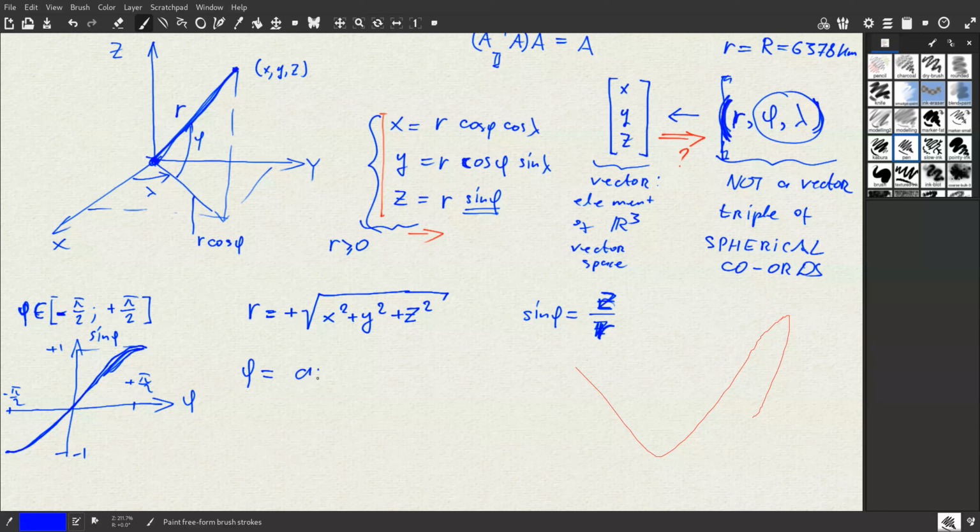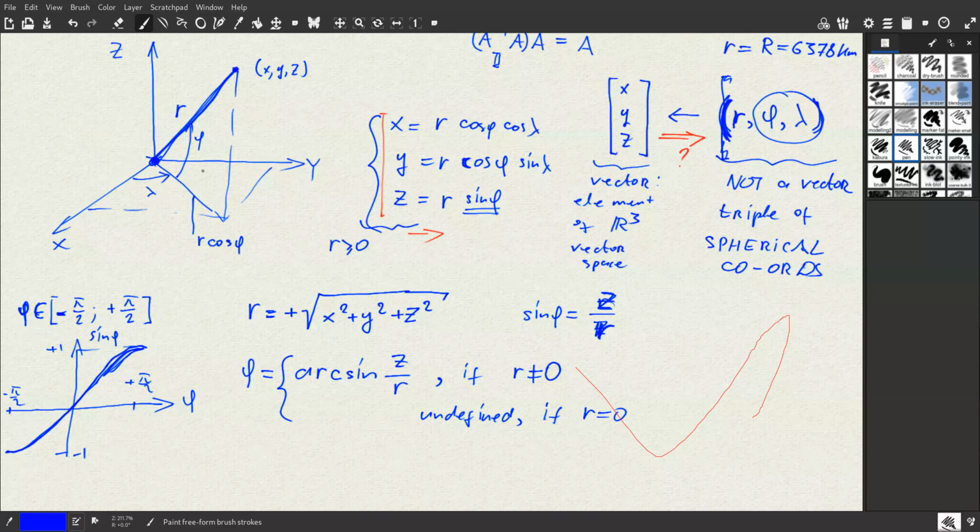Therefore, we can say simply that phi is arcsine of z over r, well, under the genericity condition, if r is not equal to 0, or undefined if r is equal to 0. In the origin, phi is obviously undefined, right?